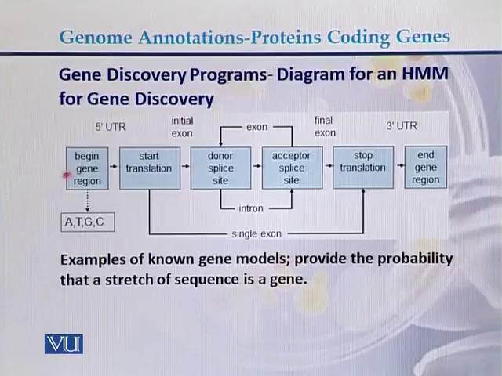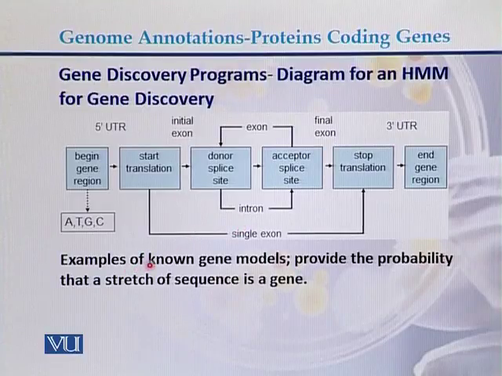Here we can see the 5-UTR region, the 3-UTR region, and the initial exon and final exon. So based on this information, there is a bigger gene region with a 5-UTR region, a 3-UTR region, and exons and introns.